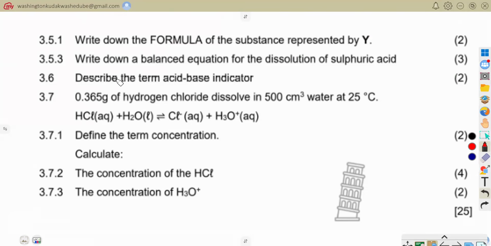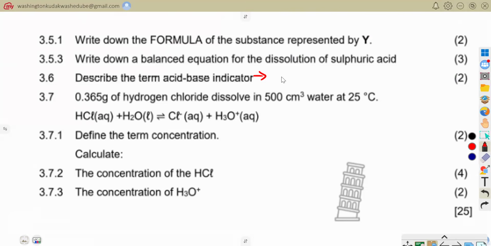Now they're saying describe the term acid base indicator. An acid base indicator is a substance that can have two colors in the presence of H plus or OH minus.